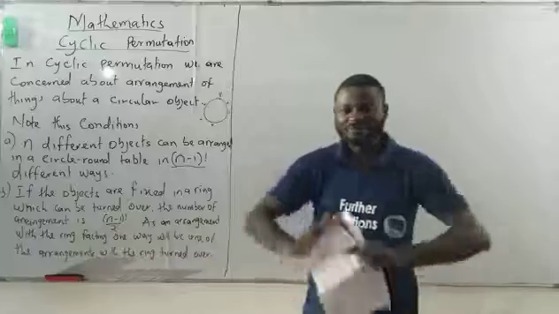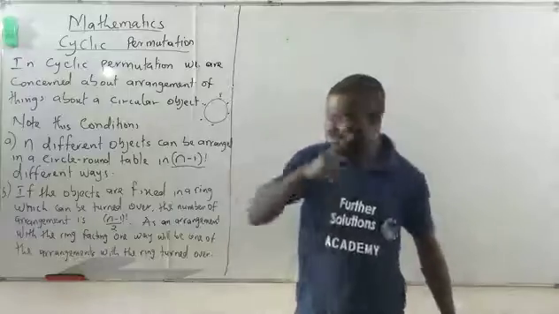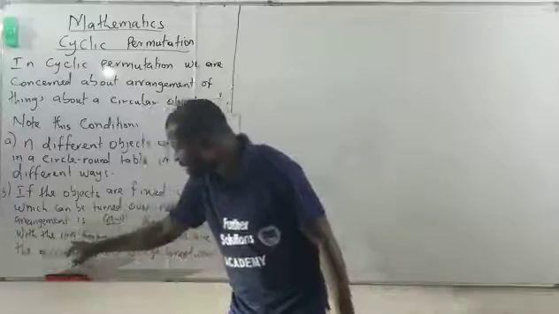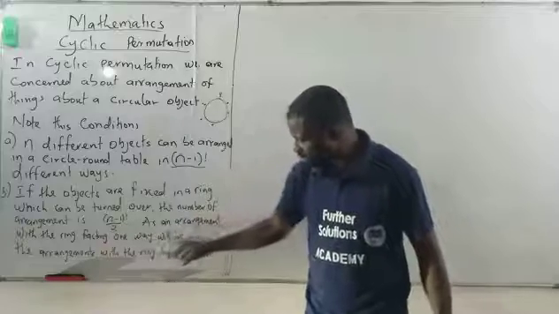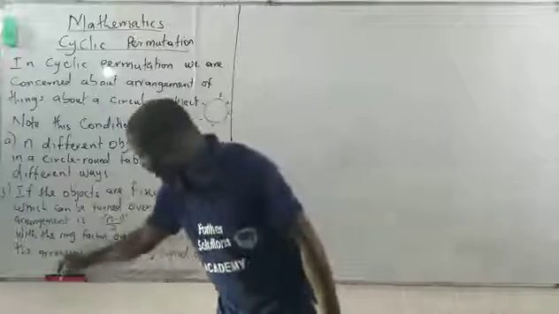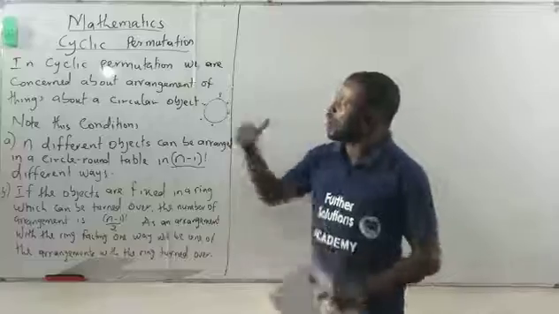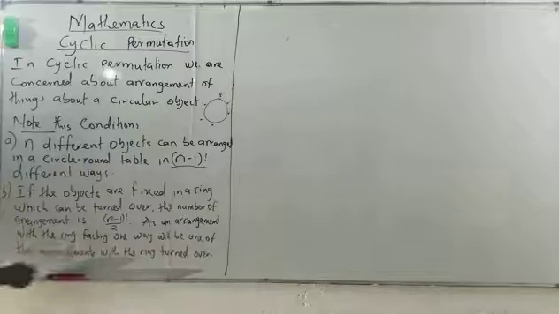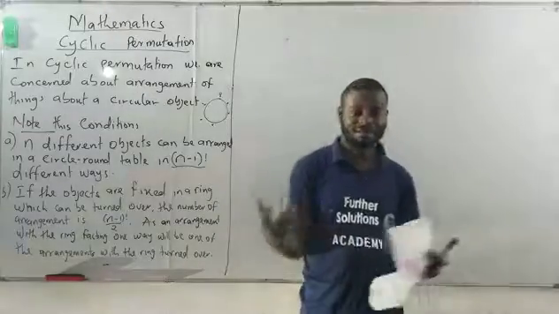It means if it is fixed in a ring and you can turn it around, an arrangement with the ring facing one way will be one of the arrangements with the ring turned over. Take note of this condition. All that I want to work on in this video is based on this. I will give as many examples as I can, to show different patterns of how the question comes. Permit me to rub this off.